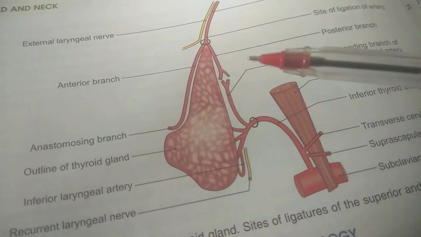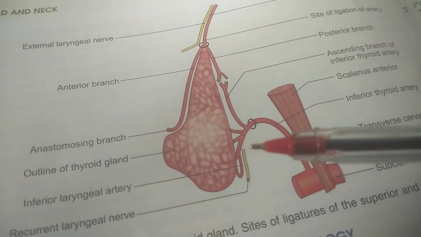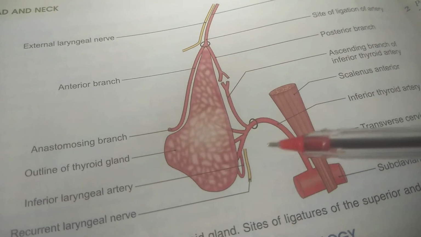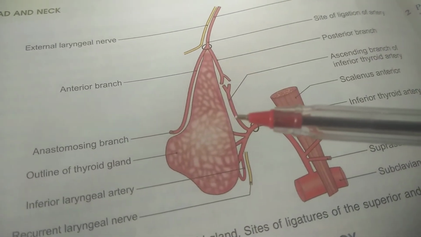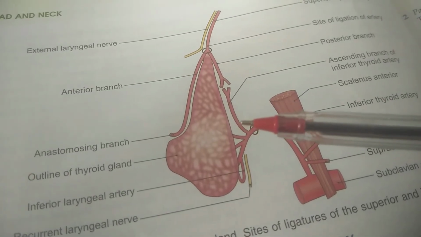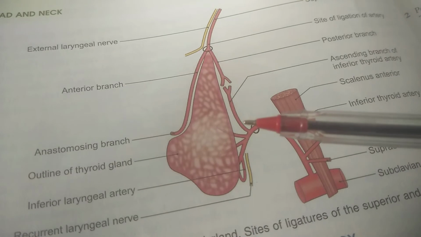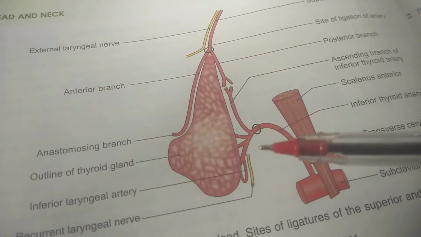The lateral surface is related to the sternohyoid, sternothyroid, sternocleidomastoid muscle and superior belly of omohyoid muscle. The medial surface is related to two tubes, the trachea and esophagus, two muscles, the inferior constrictor muscle and cricothyroid muscle, and two nerves, that is the external laryngeal nerve and recurrent laryngeal nerve.